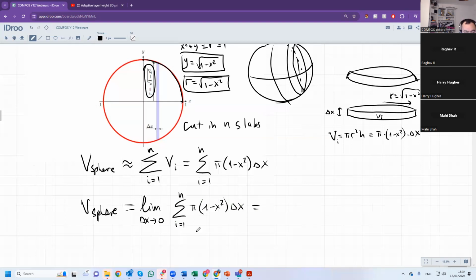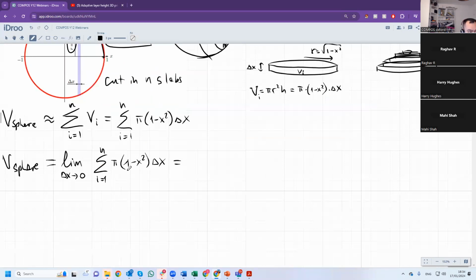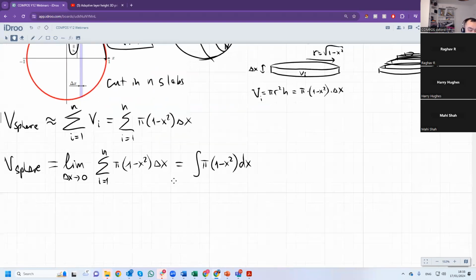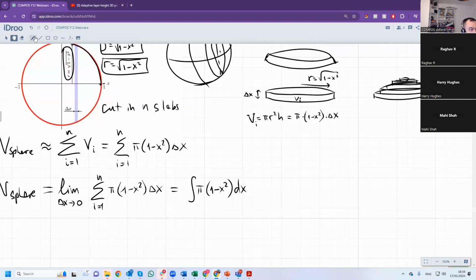And the limit of that turns out, and Riemann proved that, so the sum symbol becomes the integral symbol, pi times 1 minus x squared, and delta x becomes dx. And the limits, well, you just apply the limits that make sense, which is from -1 to 1, because your x changes from -1 to 1. So -1 to 1. And then you just integrate that.